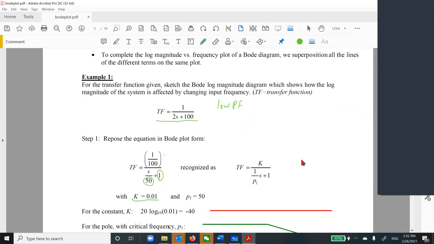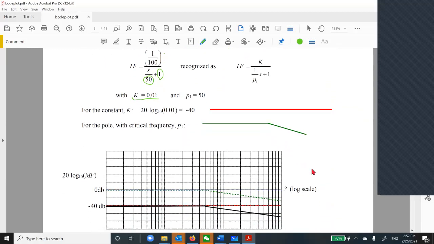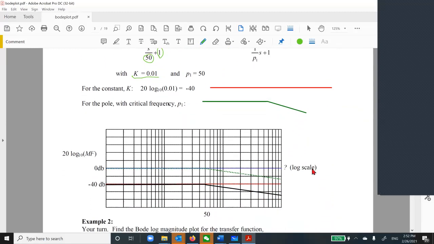After that, we're going to draw. Because 0.01 is minus 40 dB, therefore I have a minus 40 dB. This red curve, minus 40 dB, is for K. And for the pole, the critical frequency is P1.